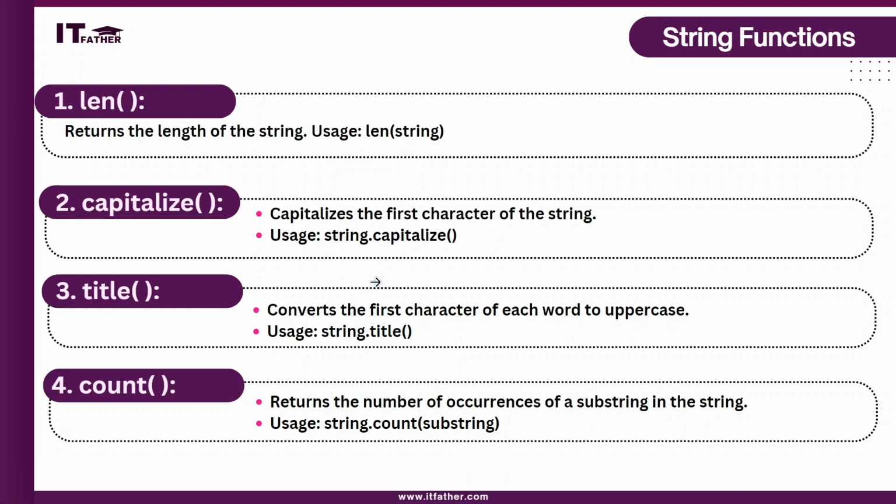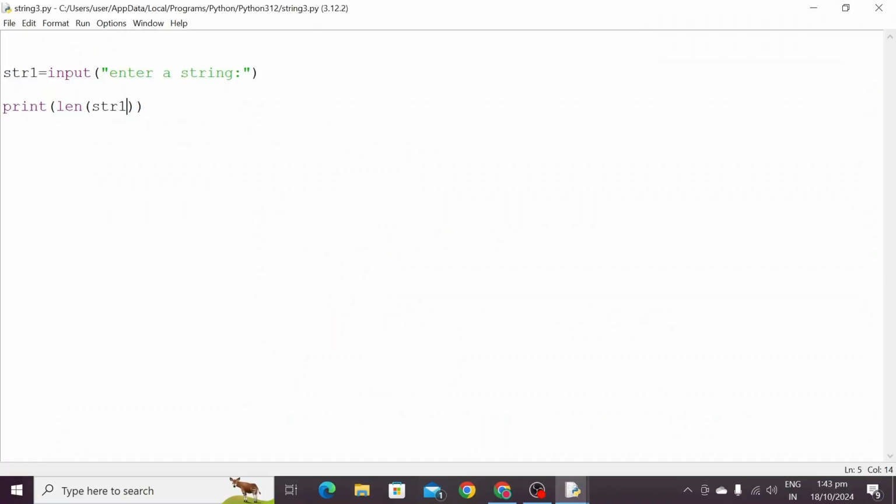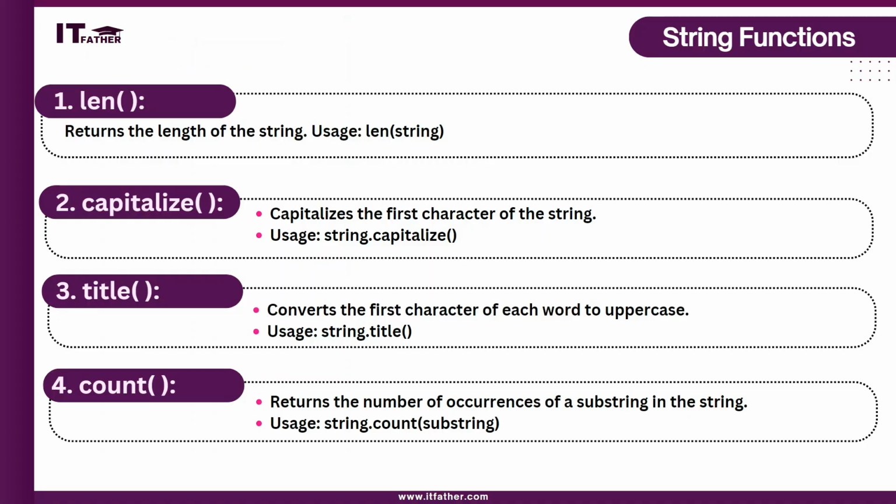The capitalize function is used for making the first character of any string capital. Whenever you have any string, it will convert the first character of the string into a capital letter. But keep in mind, only in the len function do we pass the string; for all other functions which we are going to use here, we have to associate the string with the function name using the dot operator.